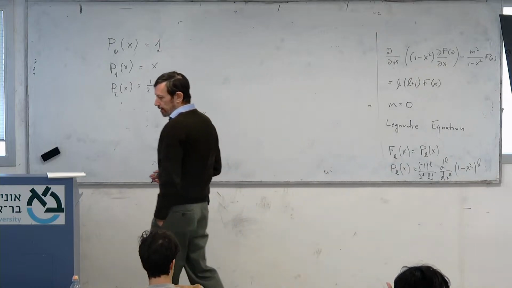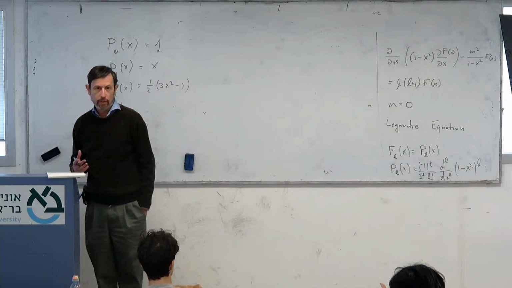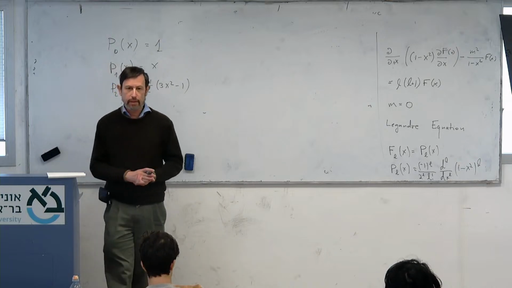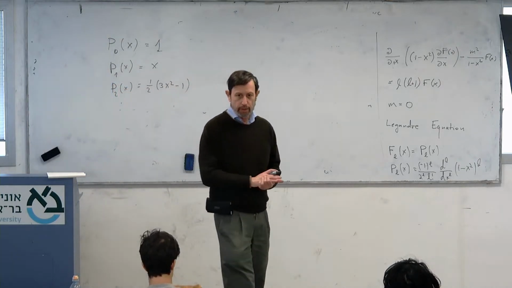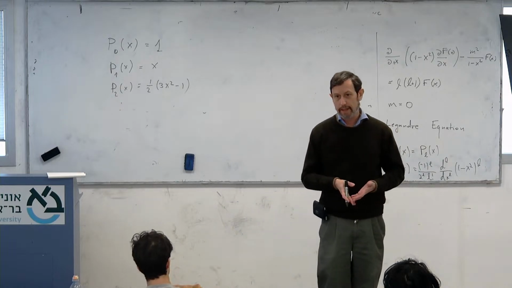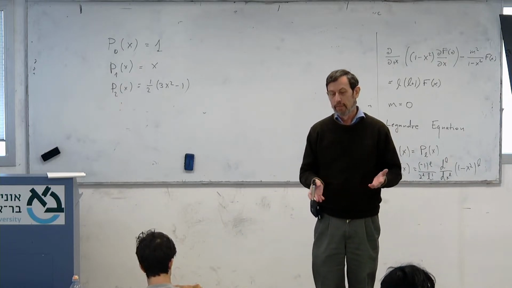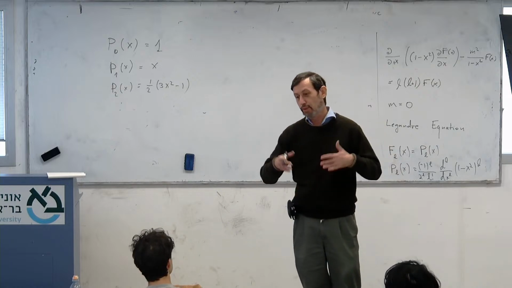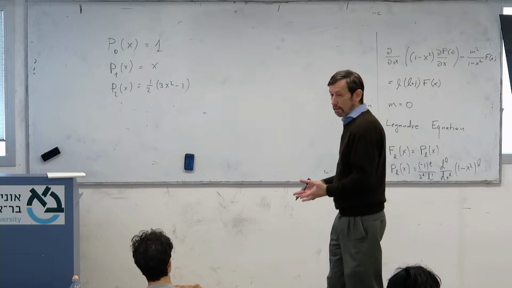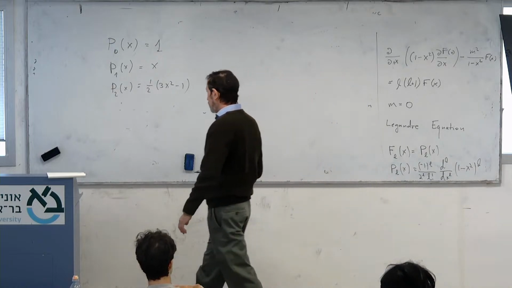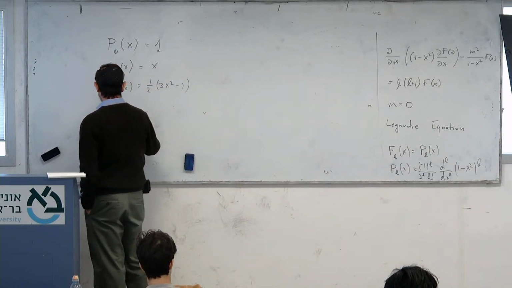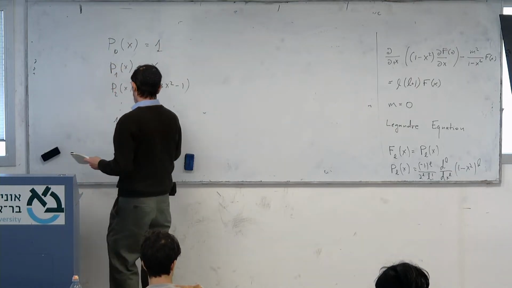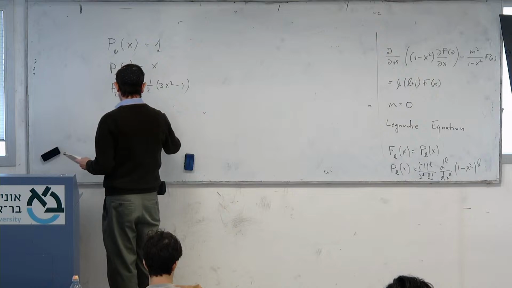Okay, what can we say about these polynomials? Well, we know already from our previous experience, like with the Hermite polynomials, that we'll have an orthogonality condition, a recursive construction, and a generating function. Okay, I'll just spell it out. First, orthogonality.